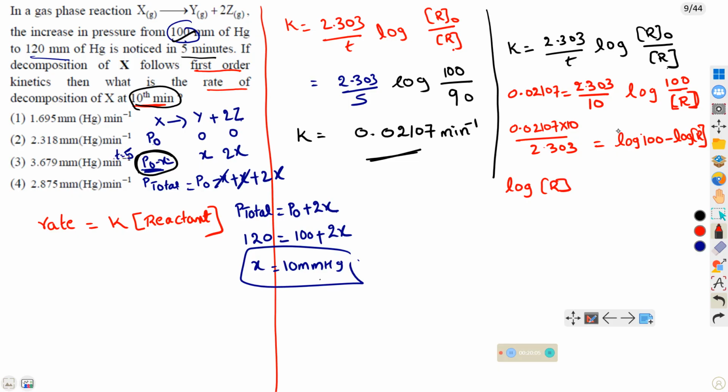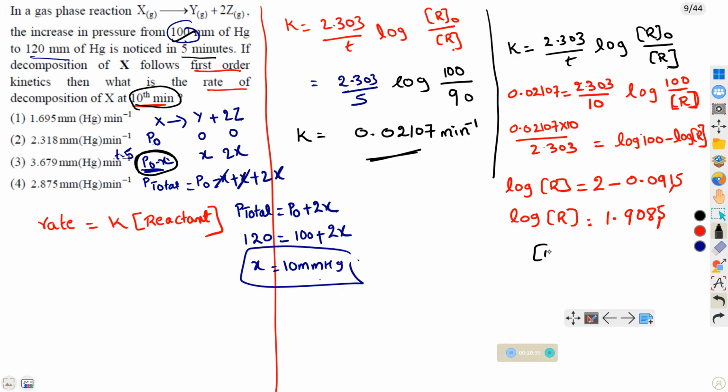Log 10 square is also written as 2 log 10. 2 log 10 value is 2 minus log R. Simplify this value, you will get 0.0915. Then log R is equals to 2 minus 0.0915, then log R is equals to 1.9085.